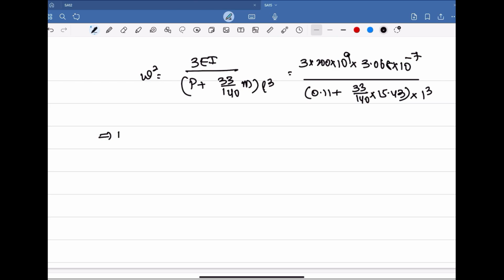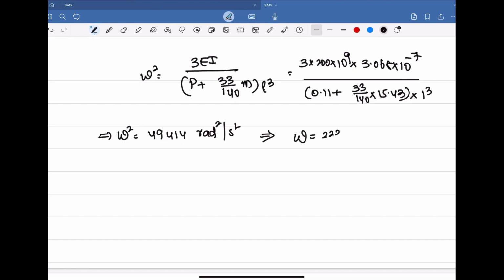This gives omega square is equal to 49414 radian square per second square, which gives omega is equal to 223 radians per second. This is the answer in radians per second.